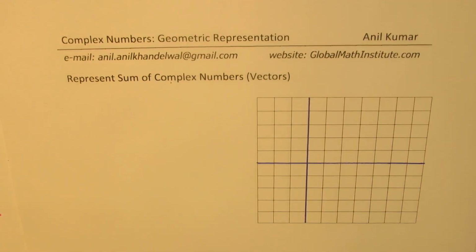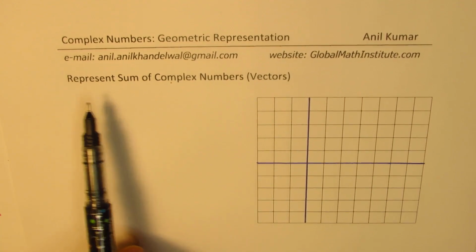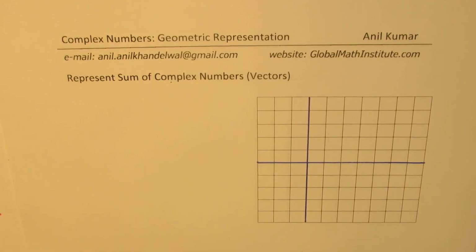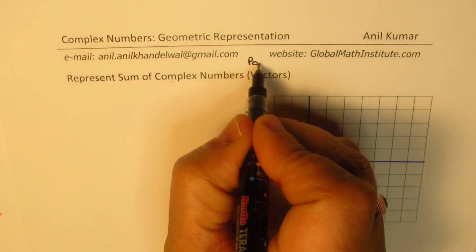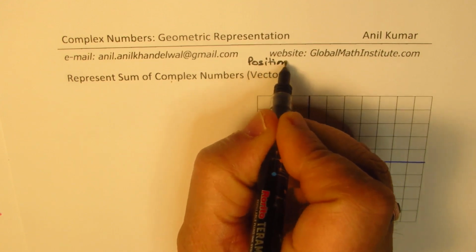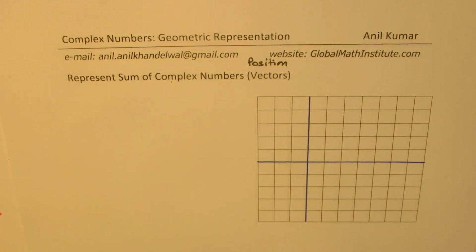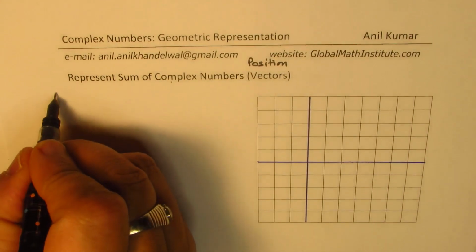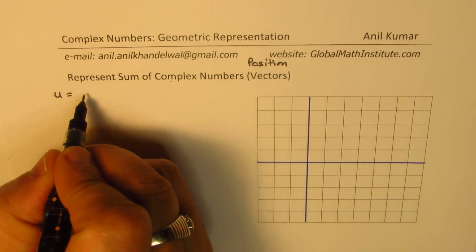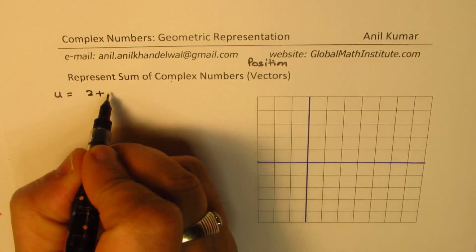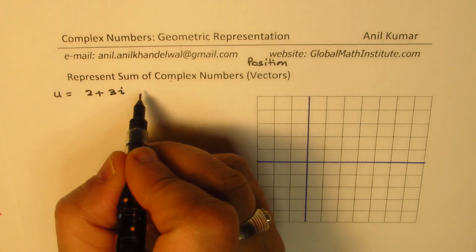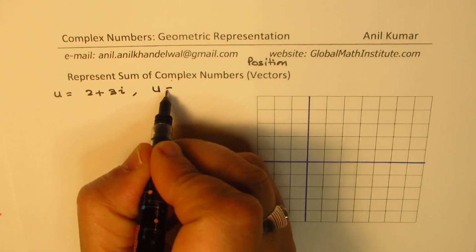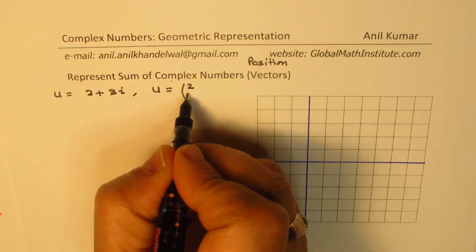Now, let us take an example to illustrate how to represent the sum of complex numbers. We are considering position vectors. Okay, so let's say we have a vector u, which is, let's say, 2 plus 3i. We'll normally write this vector u as 2, 3.